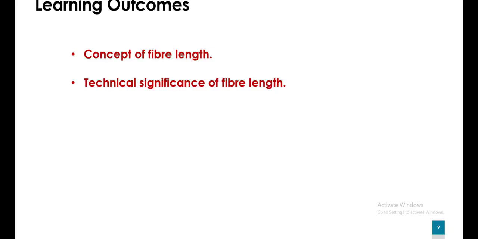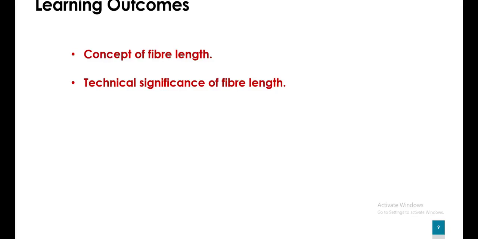Few more terms like effective length, span length, we are going to discuss in next lecture. Length of the fiber is required to be tested because length of the fiber decides spinability. Fiber length also decides performance of spinning process.